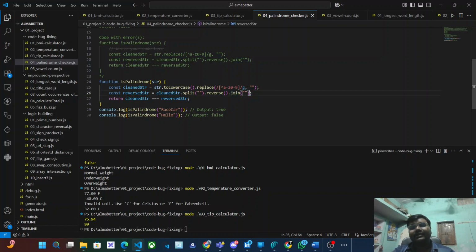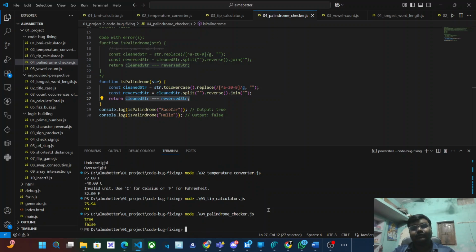After joining, it converts into a string, and we check whether the clean string and reverse string are the same or not. If it's the same, then it's a palindrome. If it's not, then it's not a palindrome. So we are running that, and we are getting the exact output.